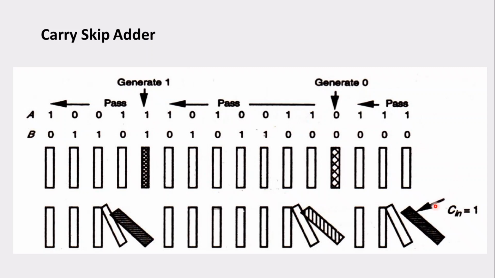Now if you look at this particular example, when Cin is equal to 1, these dominoes are getting felled. This is the scenario where carry in is being generated. Here we are feeding our carry in as 1 itself, so that is why they have shown this falling of the blocks, but this won't fall continuously.